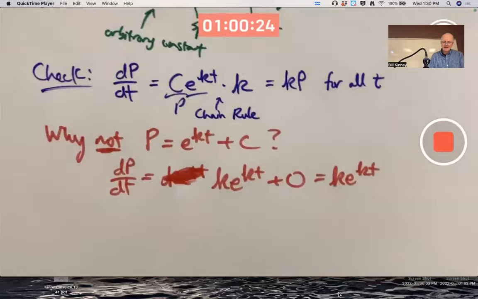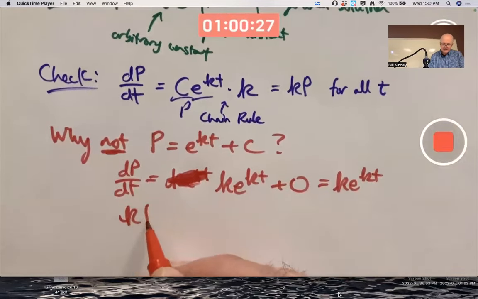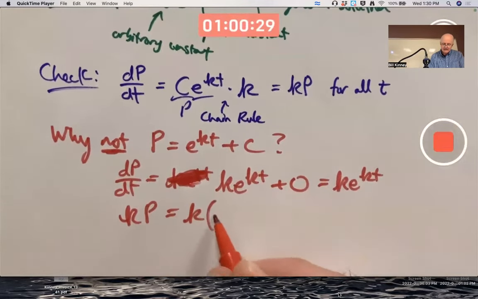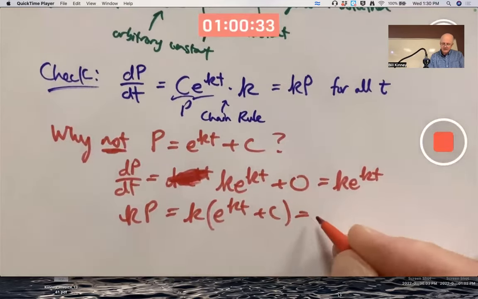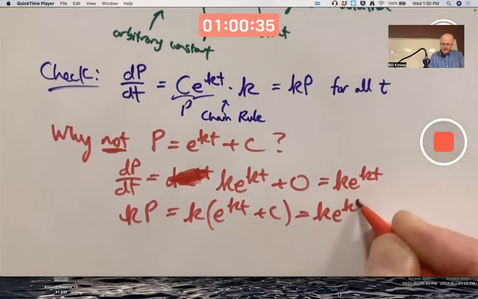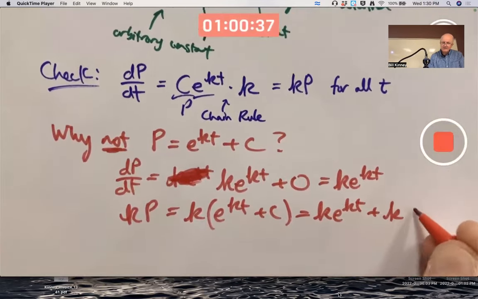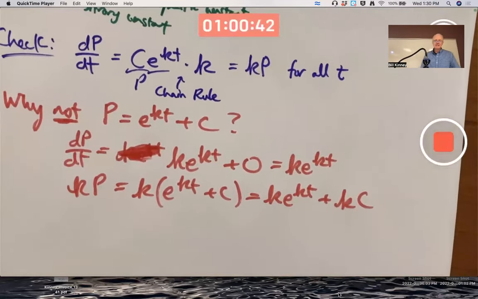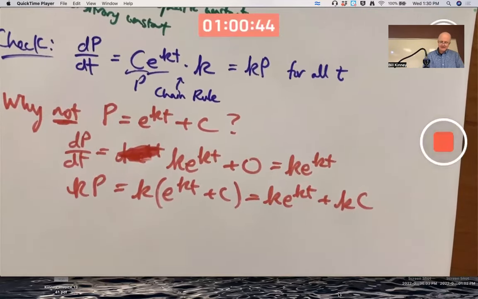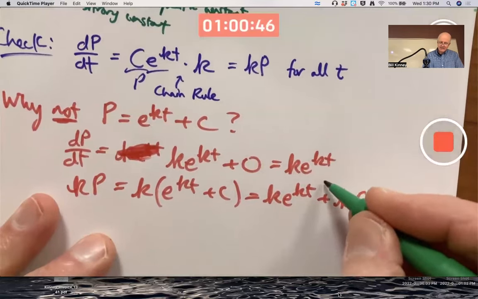Does that equal k times the function, k times p? The first part does, but not the second part. I get a plus kc. And if c is not 0, these are not the same function.